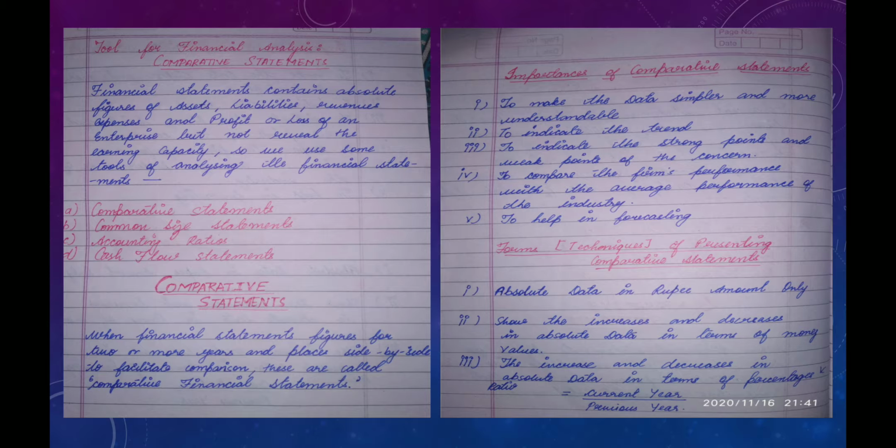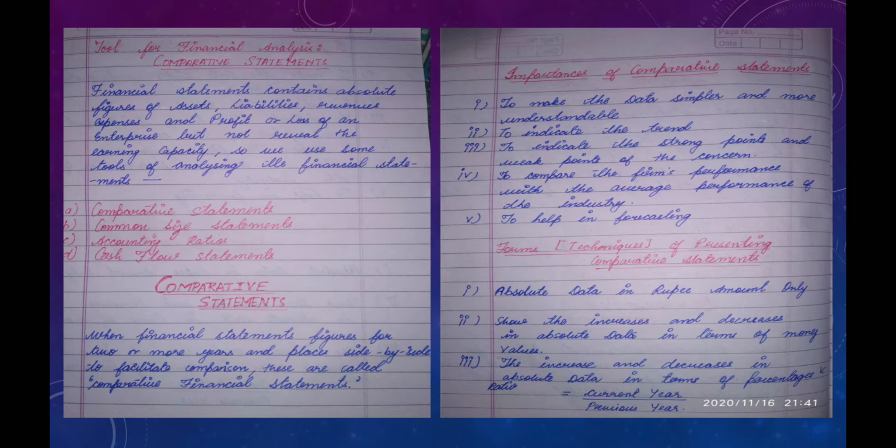So first of all, what is comparative statement? When the financial statement figures for 2 or more years are placed side by side to facilitate comparison, these are called comparative financial statements. We place the figures of current year and previous year to make comparison.